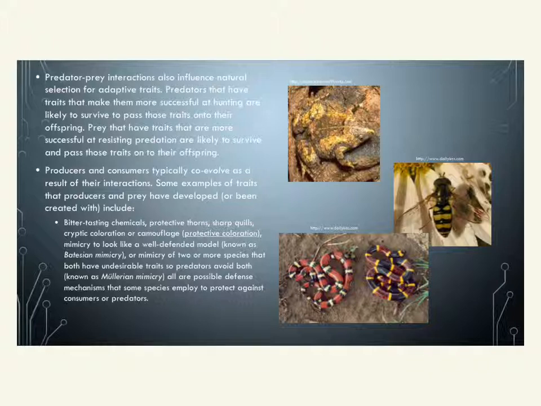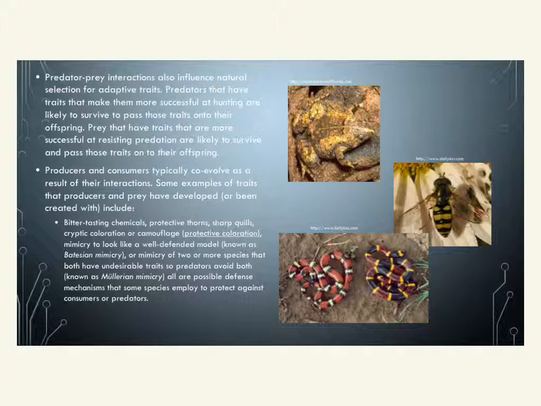Predators that aren't very good at hunting, obviously, are going to have some issues and not be able to survive. On the opposite side, prey that have traits that are more successful at resisting predation are likely to survive. And those would be the ones that would pass those traits on to their offspring. And again, over several generations, you might see some variation, some adaptability within a species.